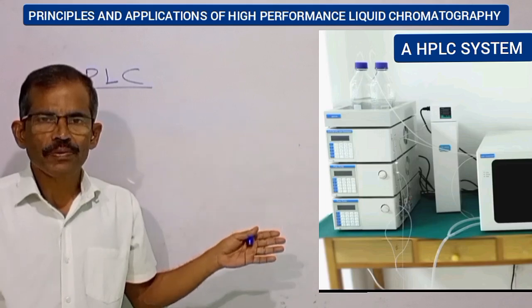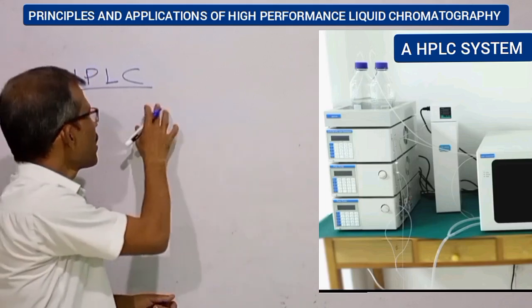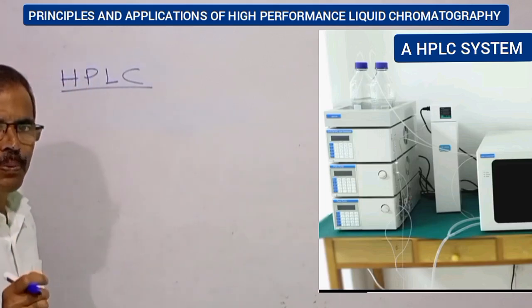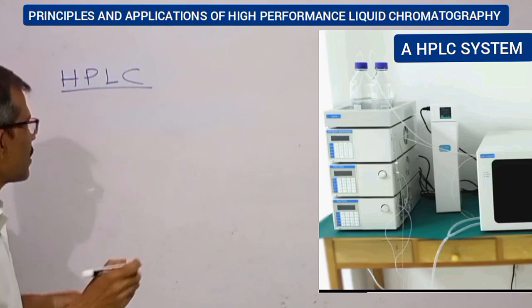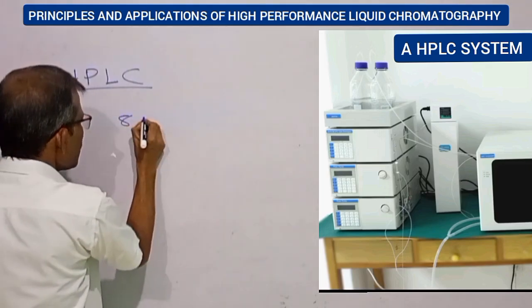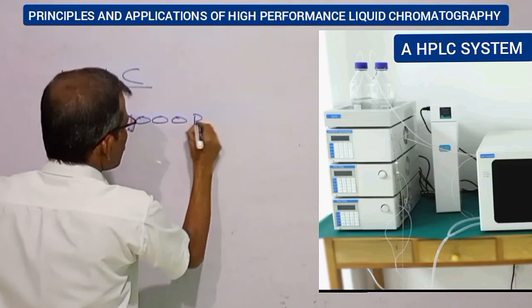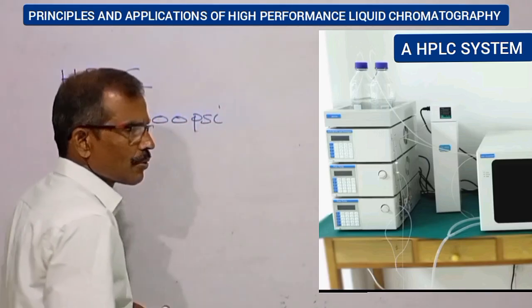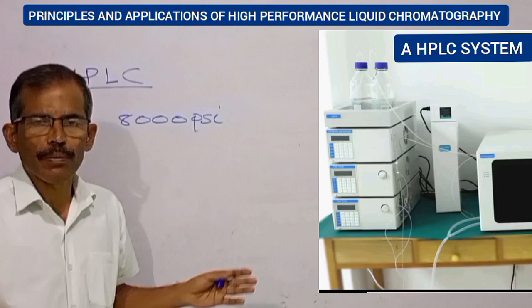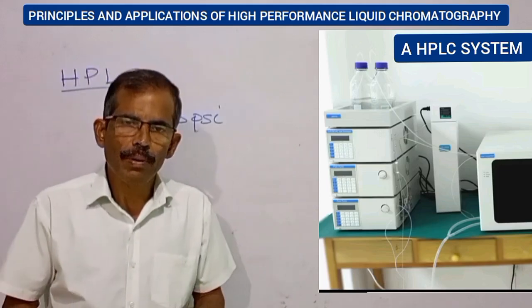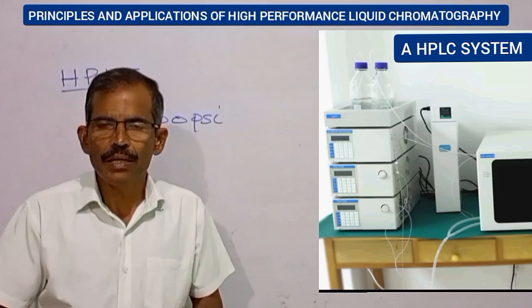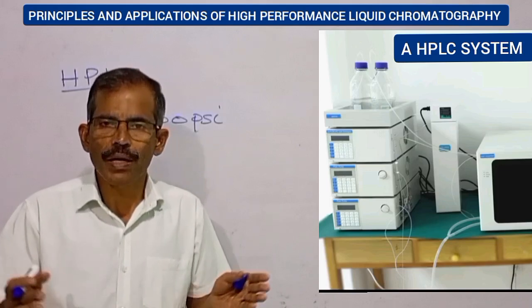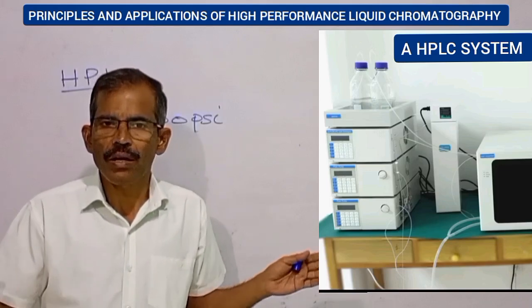All these problems are overcome in high performance liquid chromatography, which is a powerful technique that uses extremely high pressure, up to 8000 psi, to increase the flow rate of the mobile phase, thereby reducing the time of the experiment. At the same time, it also improves the efficiency of the column.